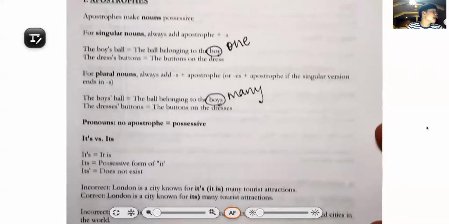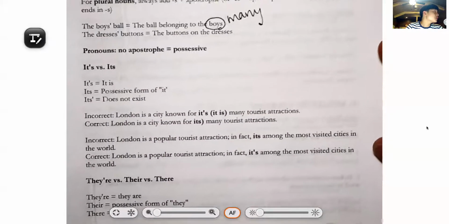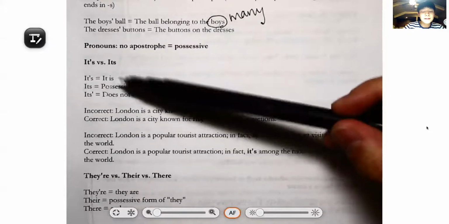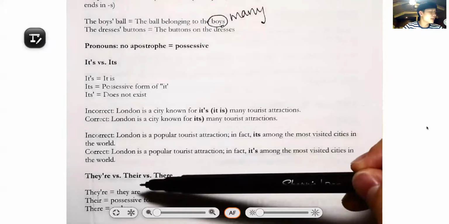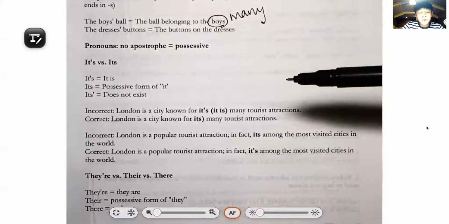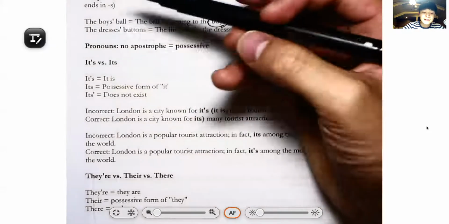So pronouns. Well, let's talk a bit about apostrophes and pronouns. No apostrophe is possessive with pronouns. And this is interesting because we just talked about apostrophes making nouns possessive, but since pronouns obviously have a lot of these abbreviations that we see, like it's and there's, no apostrophe is possessive with pronouns, right? You'll see that it's with an apostrophe is not possessive.